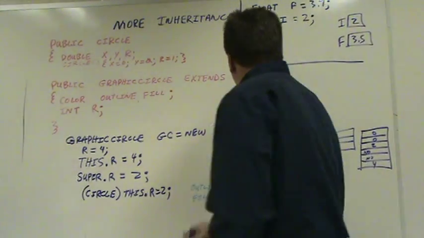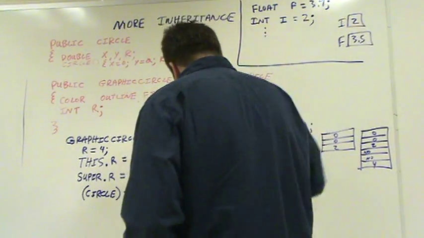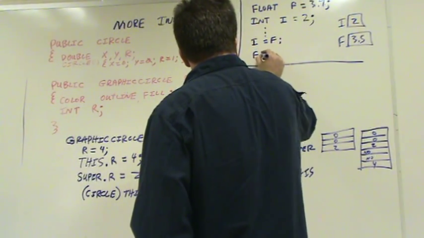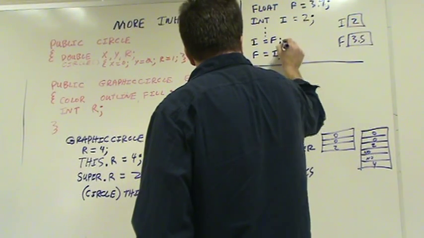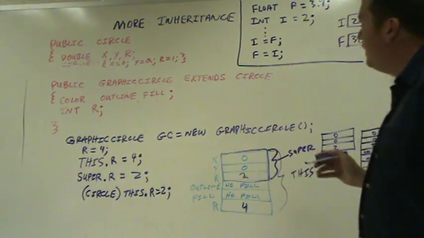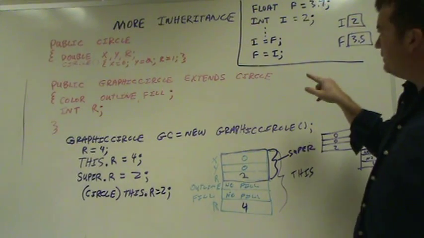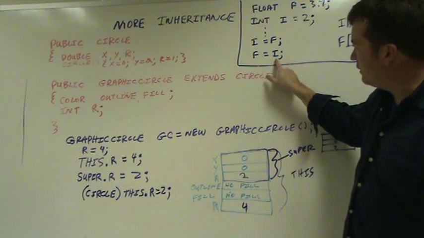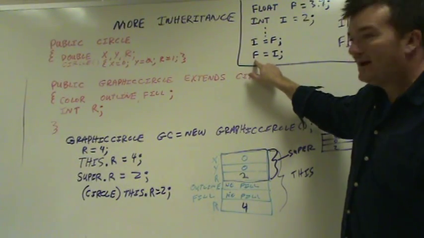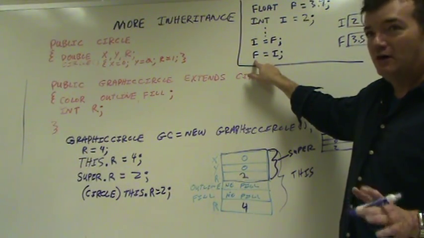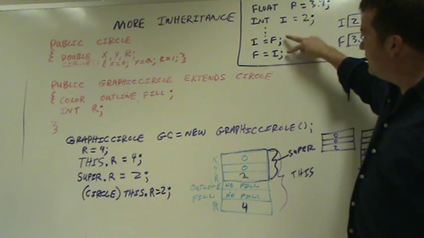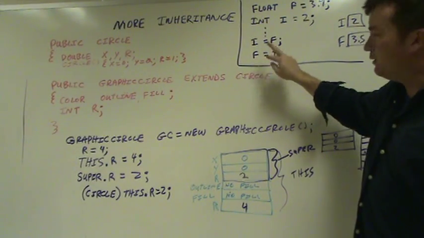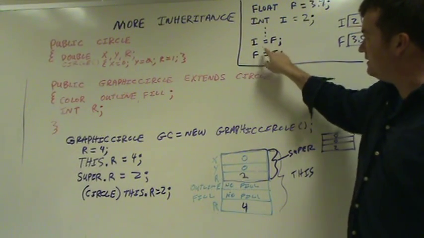If we did this, i equals f, f equals i, and we allowed an implicit typecast, the 3.5 would become 3, and then the 3 would get copied here. Would this go back to being 3.5? No, it would become a 3. You would think f would go back to what it was, but we lost something because i is of a different type.